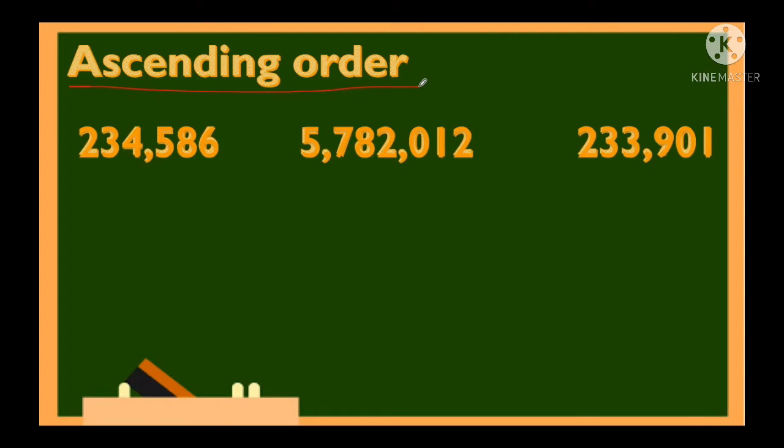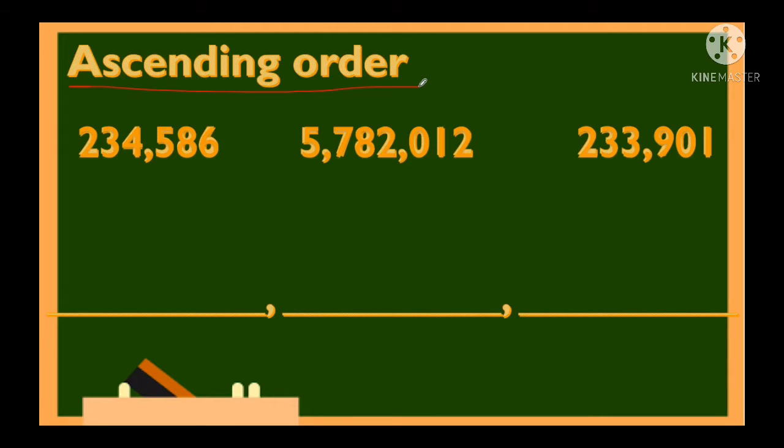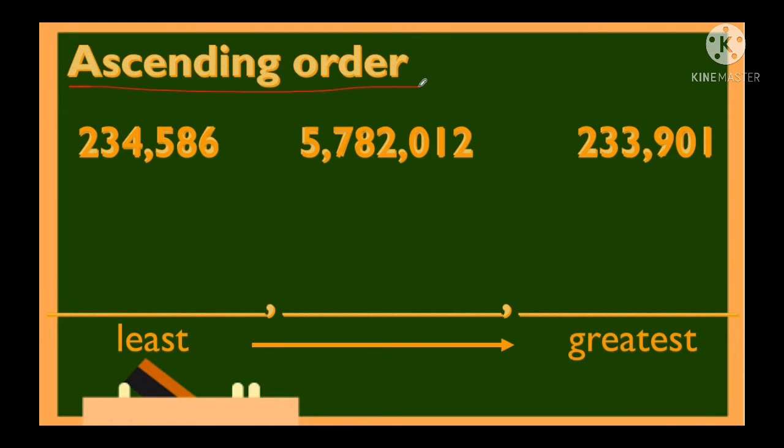So we have to put first 3 blanks. In ascending order, we will start with the least number up to the greatest number. Now, we need to find first which among these three numbers is the least number.